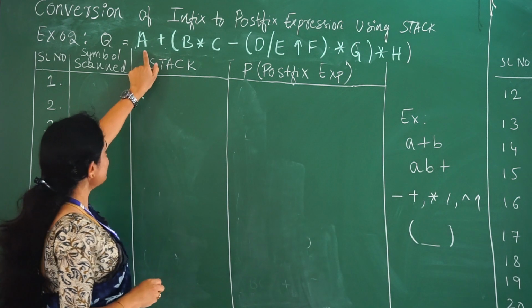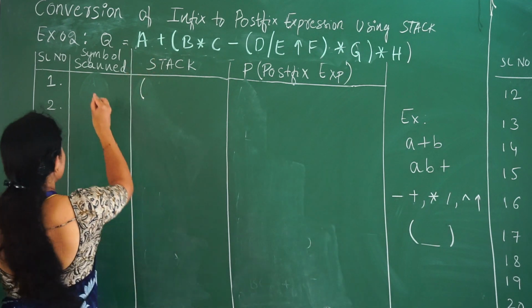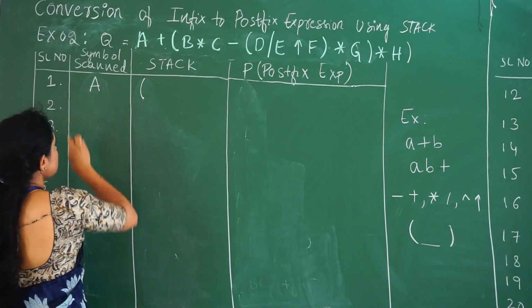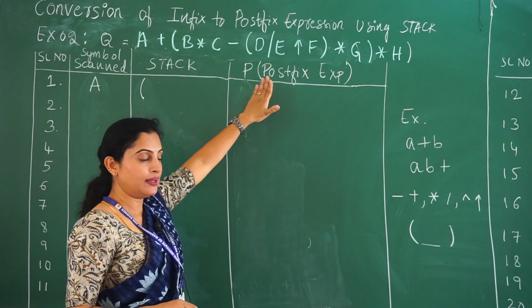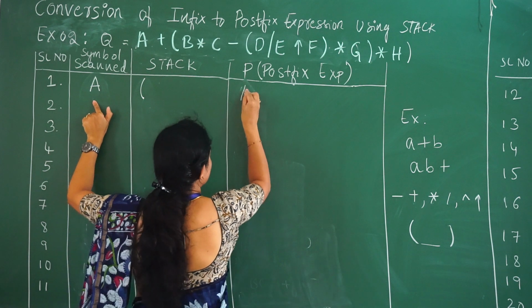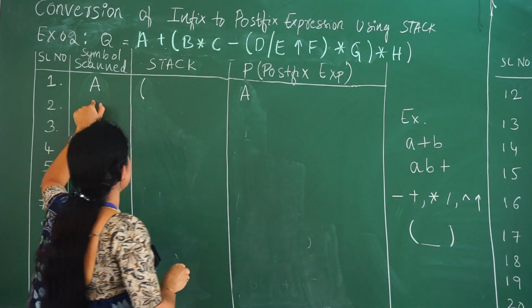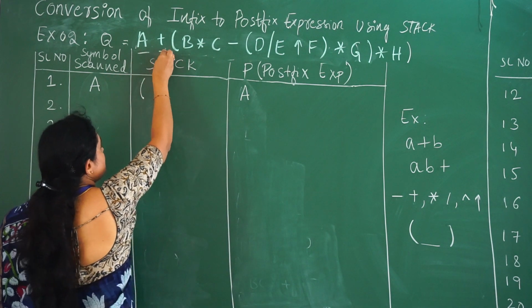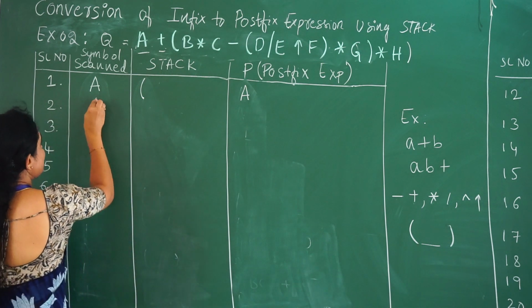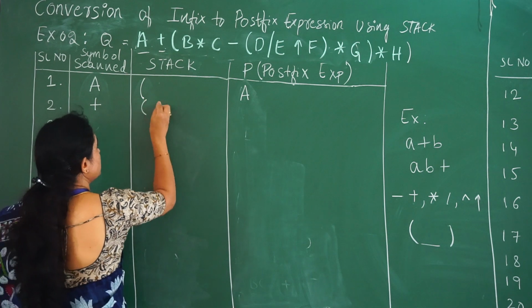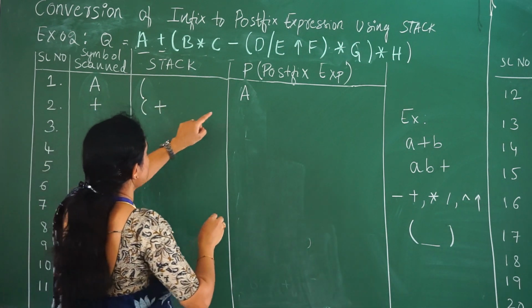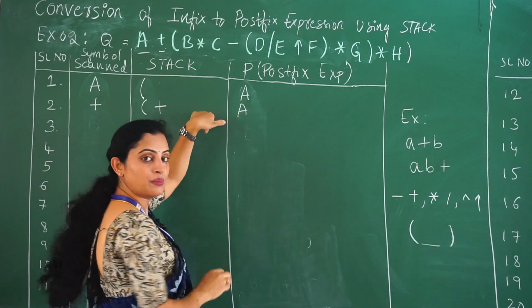Now the first scanned symbol is A. Since A is an operand, we place it directly into the postfix expression. The next scanned symbol is plus. Plus is an operator, so we push it inside the stack. The postfix expression remains the same.